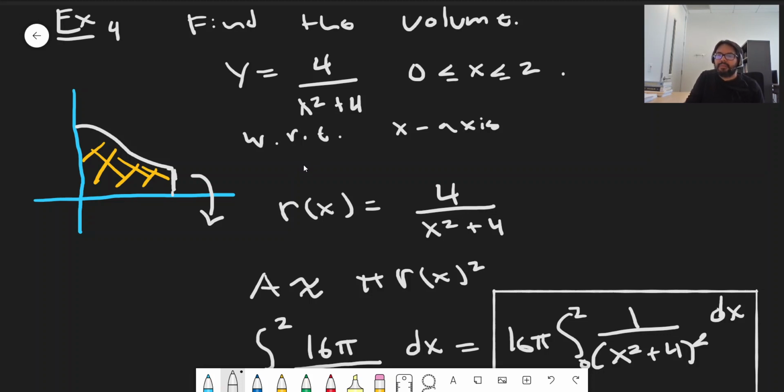But if you wanted a solid generated with respect to the y-axis, that would be a different solid, and an interesting problem, because you could then use the shell method, where the radius of the cylindrical shell would be x, and the height would be given by this equation right here. But then it would be multiplied by 2 pi.